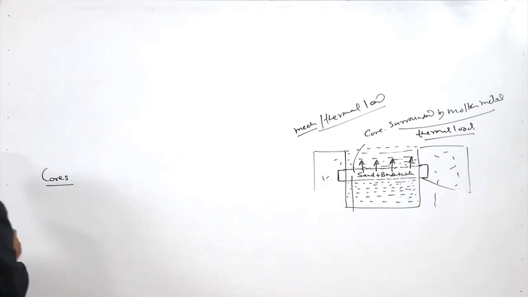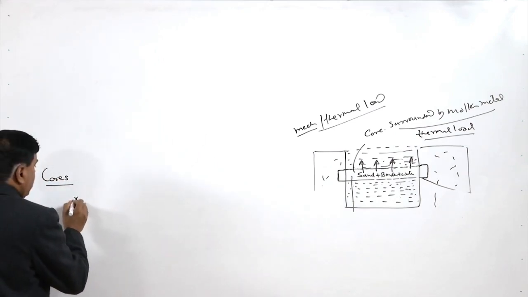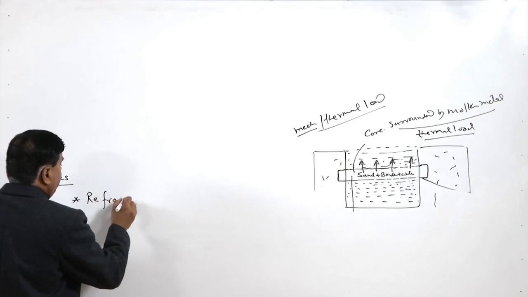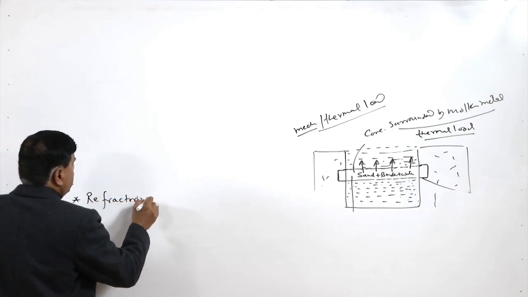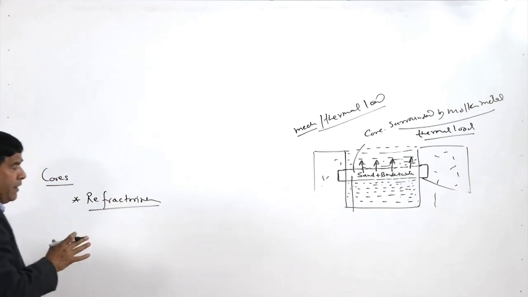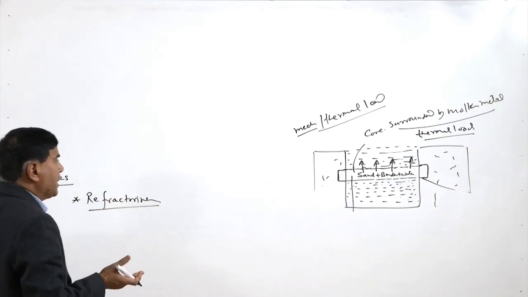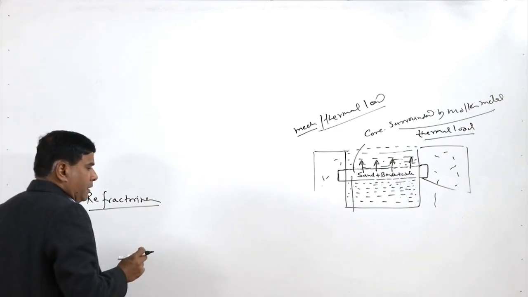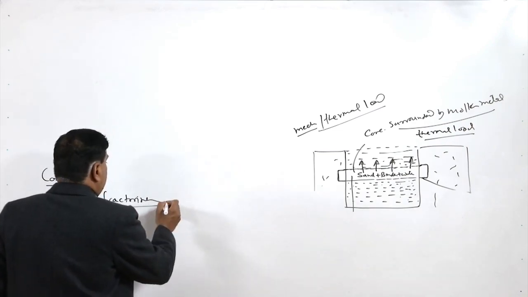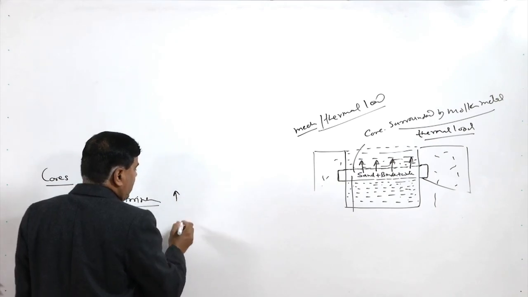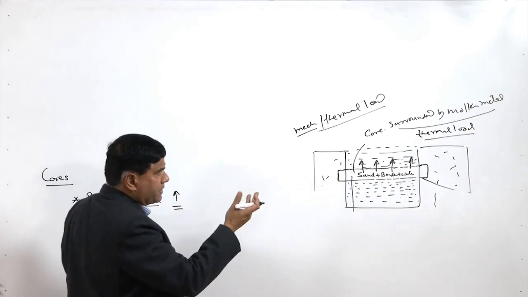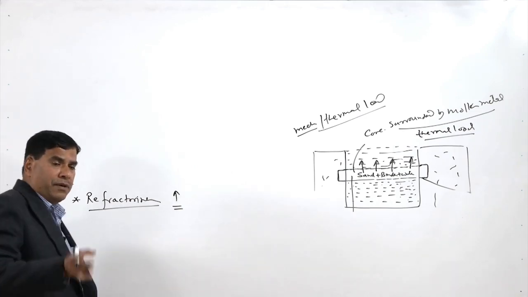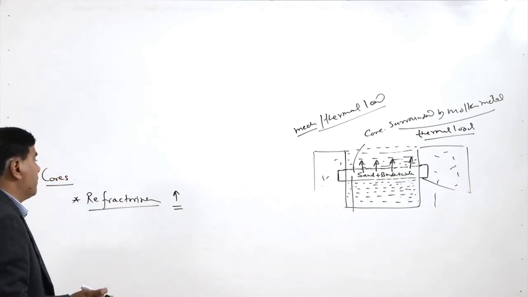And what these properties are: it should have very good refractoriness. The refractoriness required in the core is much higher than what is needed for the molding sand. Higher refractoriness is needed because it experiences much more thermal loading since it is surrounded by the molten metal.